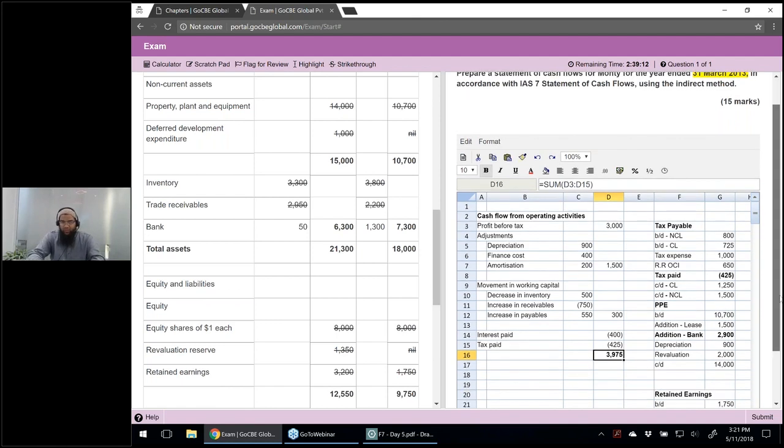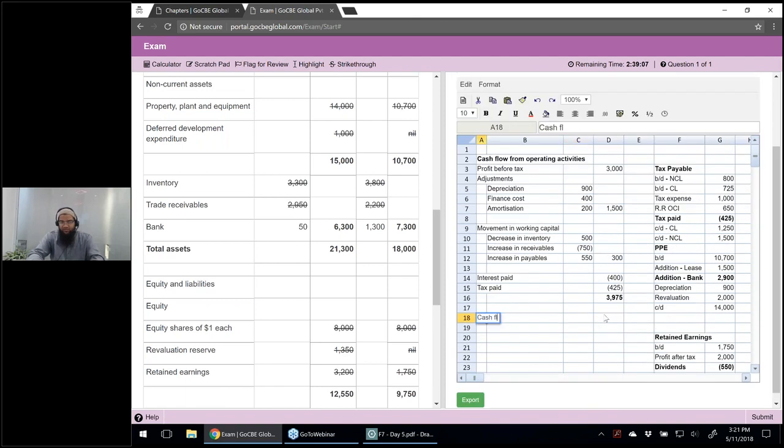Now we are going to make the cash flow from investing activities, where we have the purchase of property, plant, and equipment.